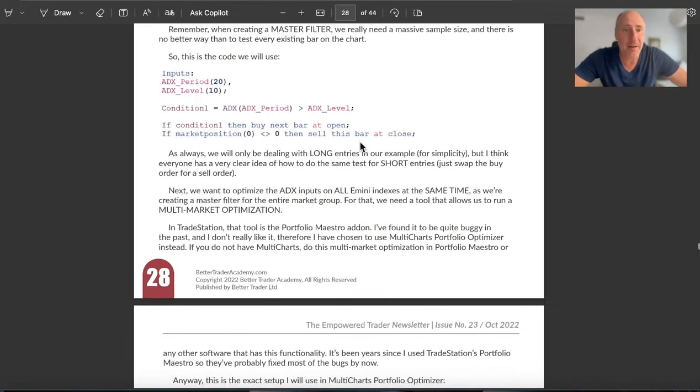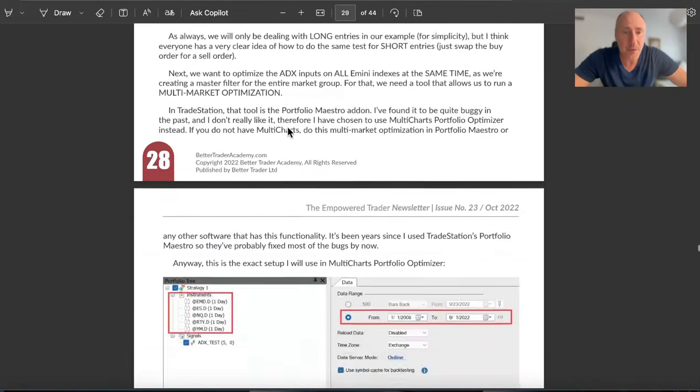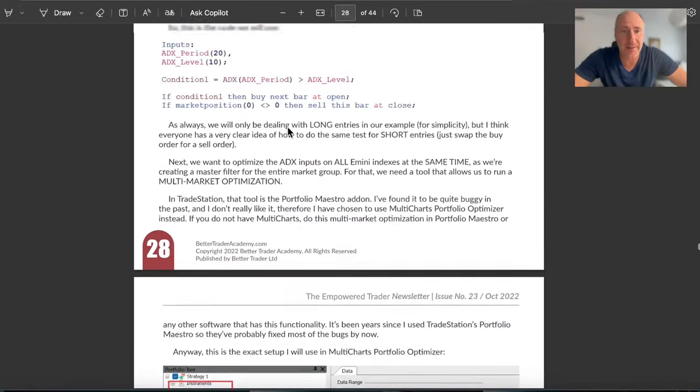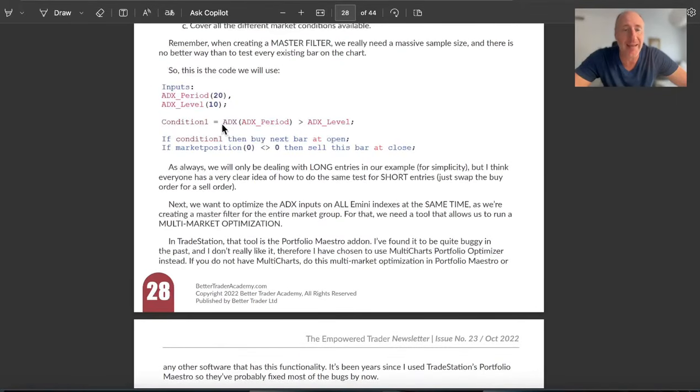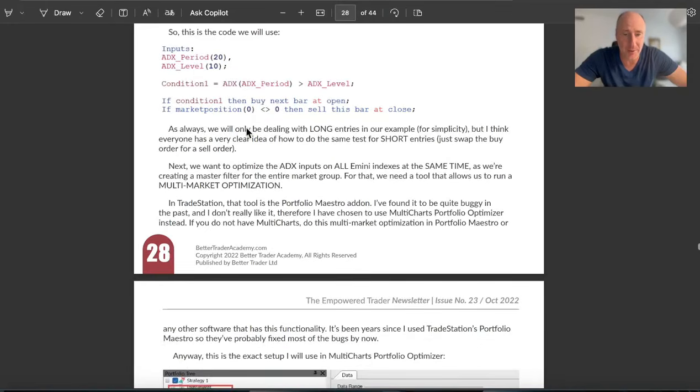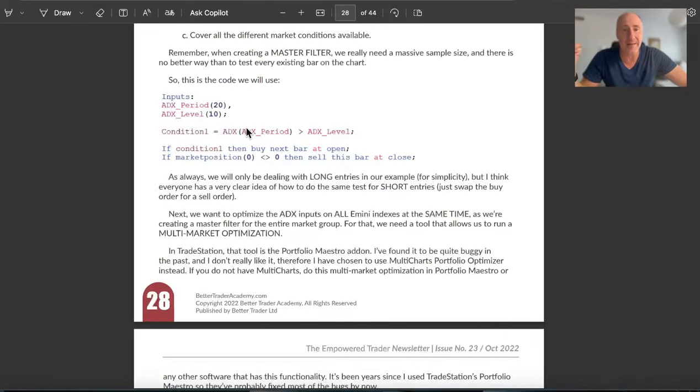So what I'm doing here is basically saying, hey, show me what happens if I am trading every day on daily data, and what happens if I enter without the condition but also with different parameters.